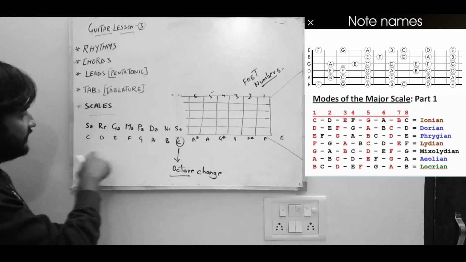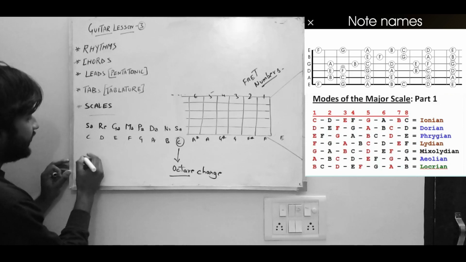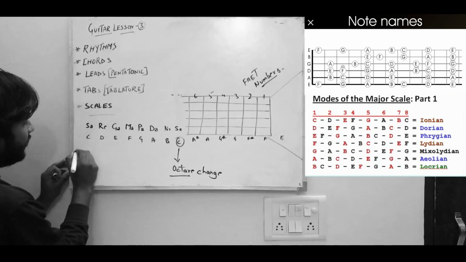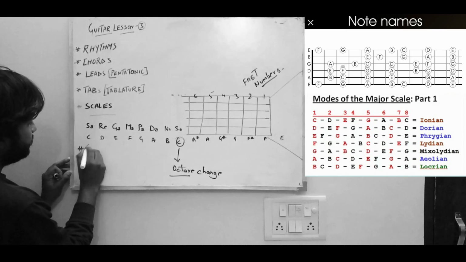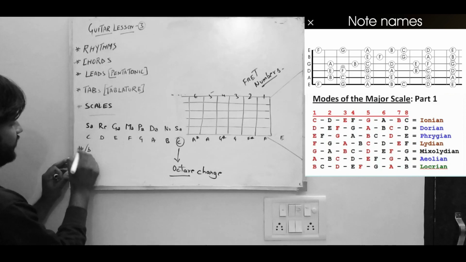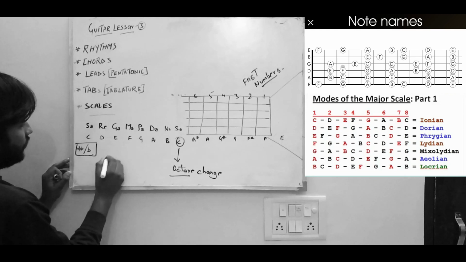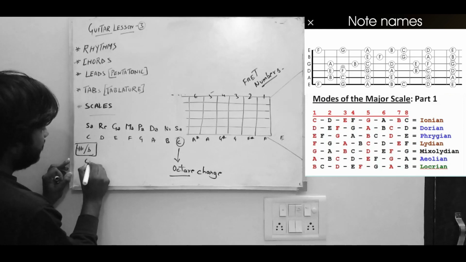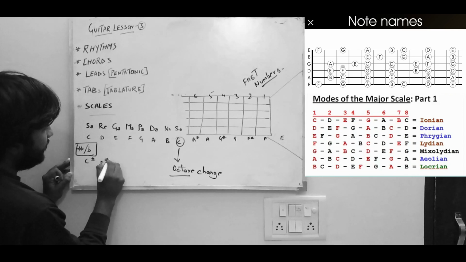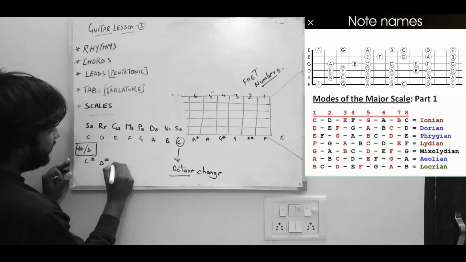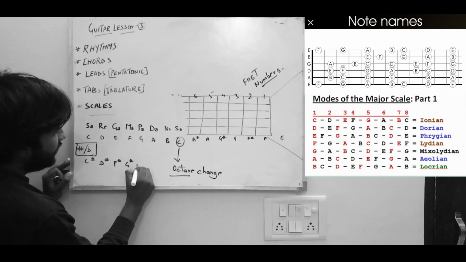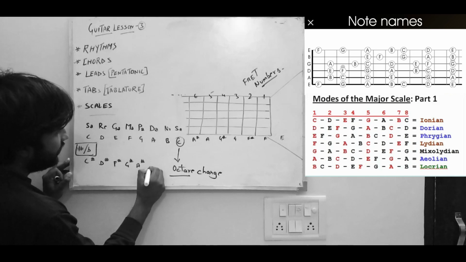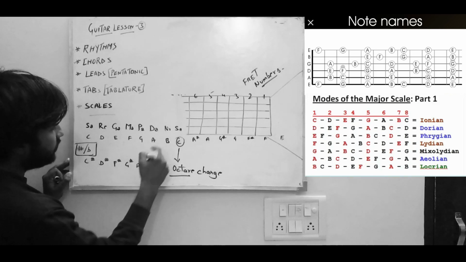We have 7 notes, but apart from them there is one more thing, which is called sharps and flats. The symbol is like this. So we have C, then C sharp, D sharp, E does not have a sharp, then F sharp, G sharp, A sharp, and B also does not have one.